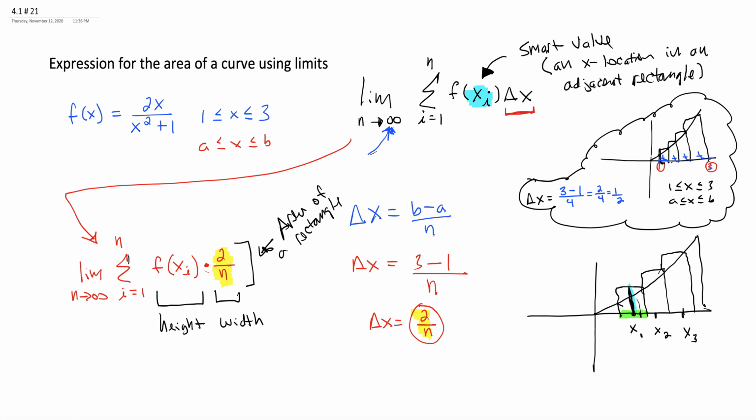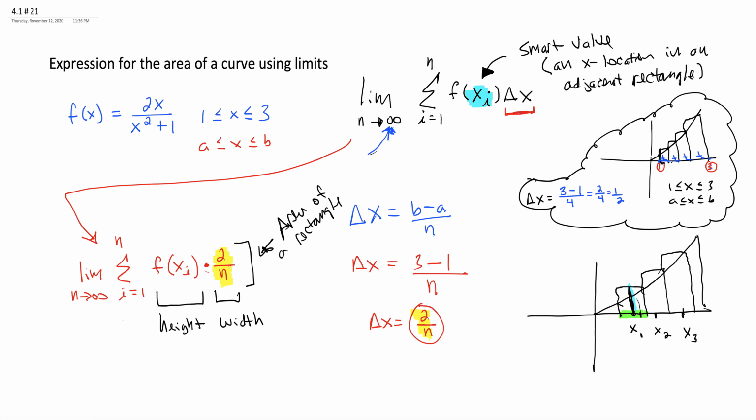But this means here that we're going to add up all our rectangles, and this means how many rectangles we're doing, but we're going to do infinitely many rectangles. So we're adding up infinitely many rectangles within a certain domain, and in this case it's between 1 and 3. Okay.